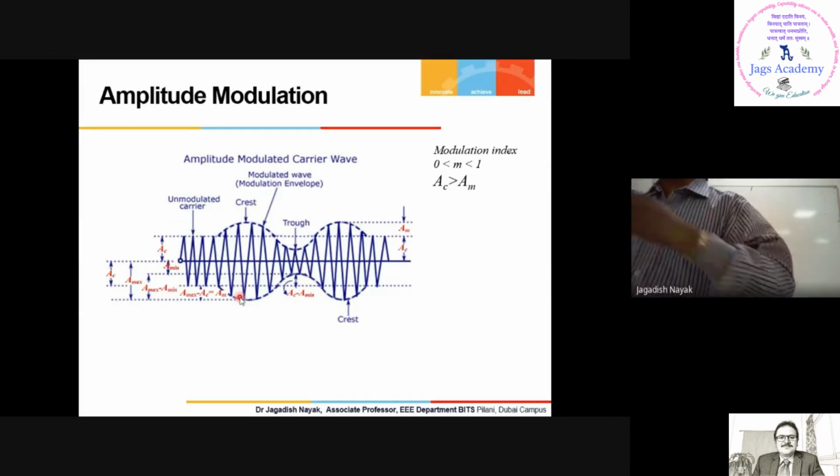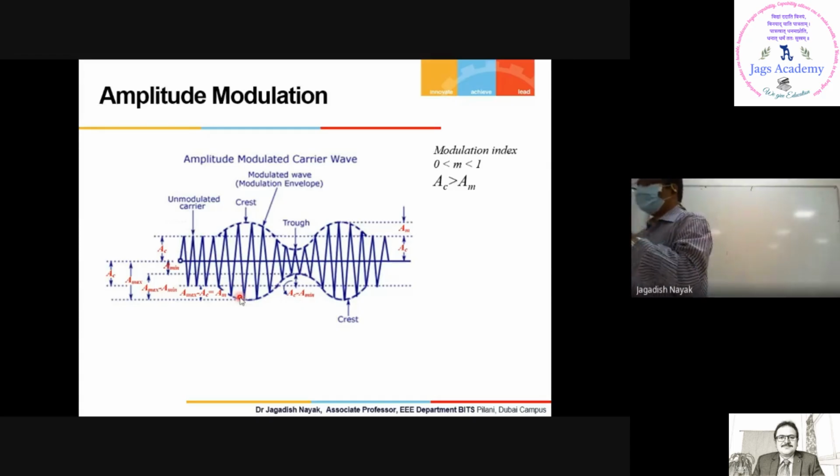We are going to write modulation index m, which is Vm by Vc or Am by Vc, in terms of V max and V minimum. This is not something different. It's the same thing. We are representing modulation index in terms of this distance and this distance.